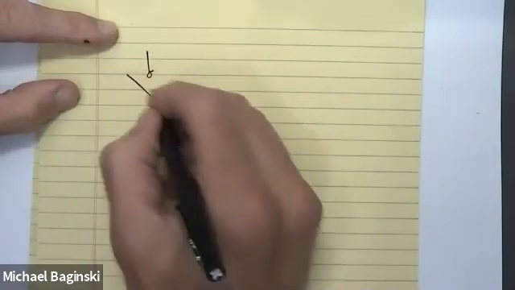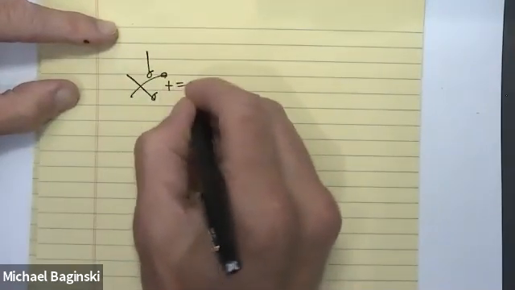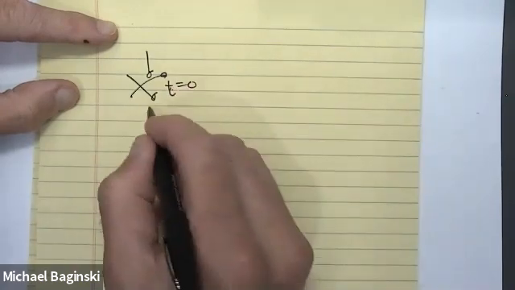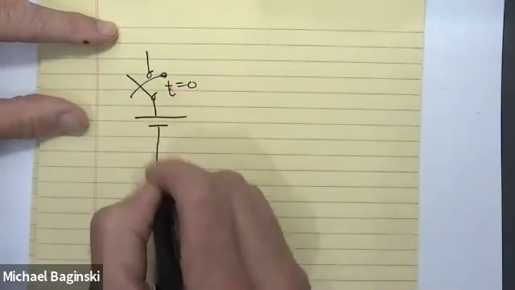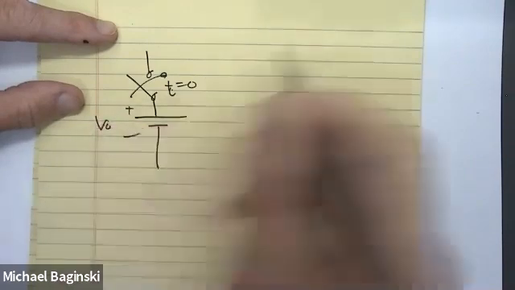All right, what you're going to do now is transient solutions. We're going to just mention this. If you don't want to write it down, you don't have to, but I want to at least get you geared up for where we're going. A transient solution is like this. We have a switch that closes, usually at t equals 0, and it's connected to a battery of some sort, with plus and minus voltage V naught.